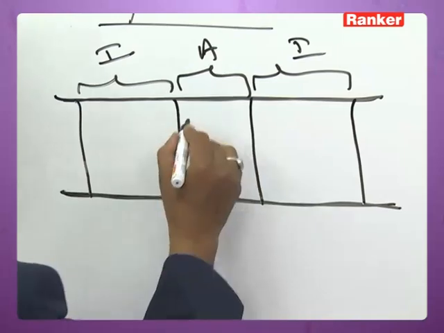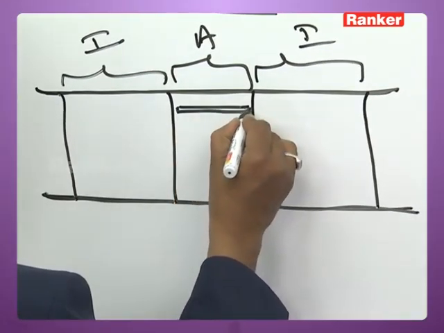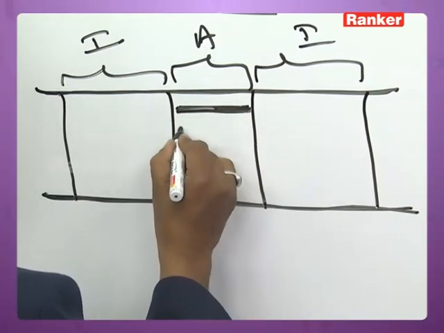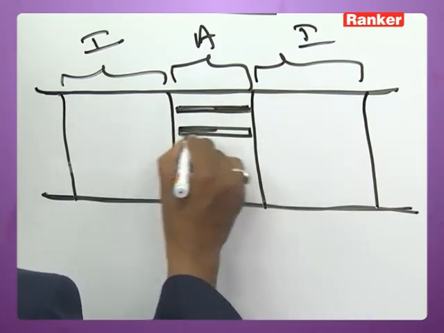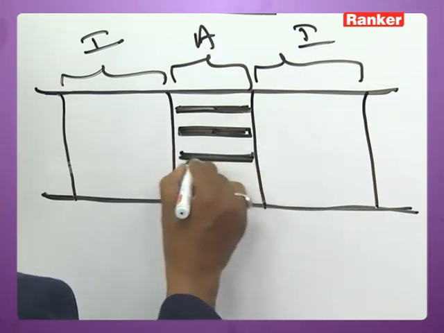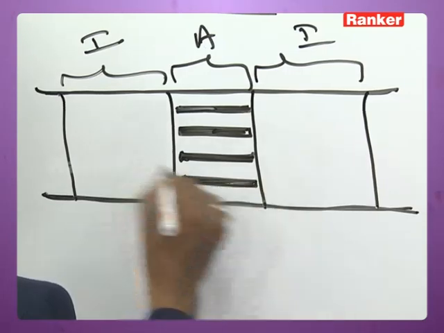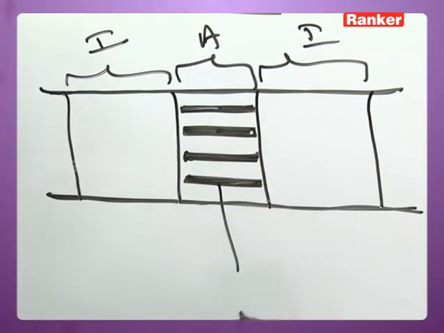Now within the A band there are certain contractile filaments known as thick filaments or myosin filaments. I shall label this.